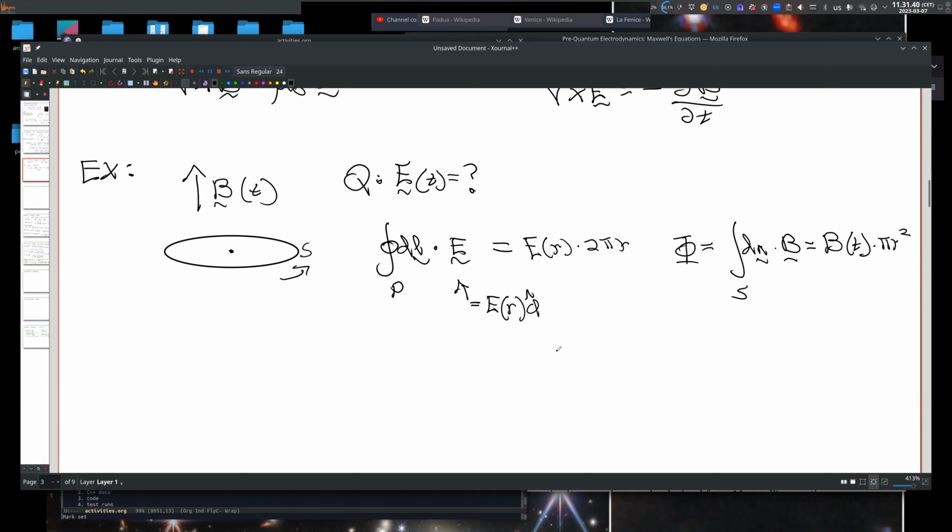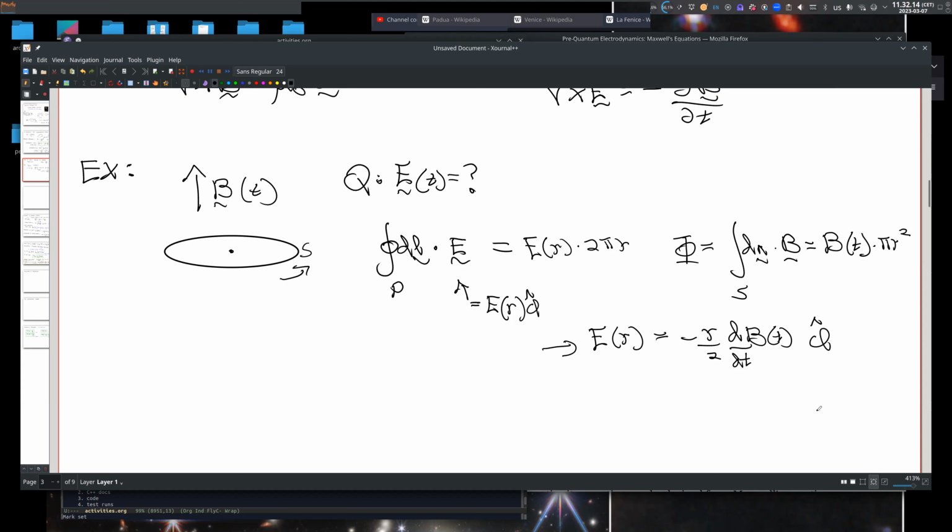Okay, so what that tells me is that E of r is just, with a minus sign, the derivative of B with respect to t times pi r squared divided by 2 pi r. So it's minus r over 2 times dB/dt. Here B is not a vector function anymore, it's just a constant, so I can write the total derivative with respect to t of B of t, and it's in the phi hat direction.